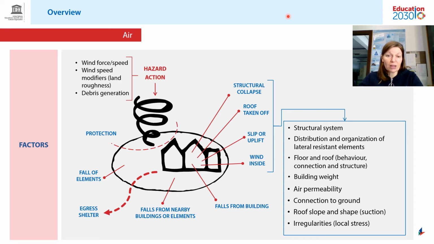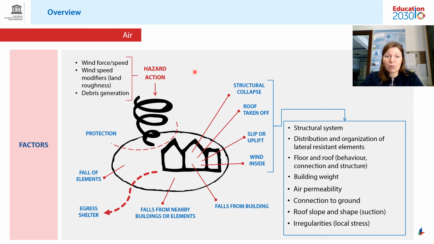So there is the need to characterize the hazard action of the wind and to characterize the wind force, the wind speed, eventual wind speed modifiers. For example, the land roughness could attenuate the wind, the hazard action, or could increase the hazard action, and the presence of potential debris generation in the site where the school is located.